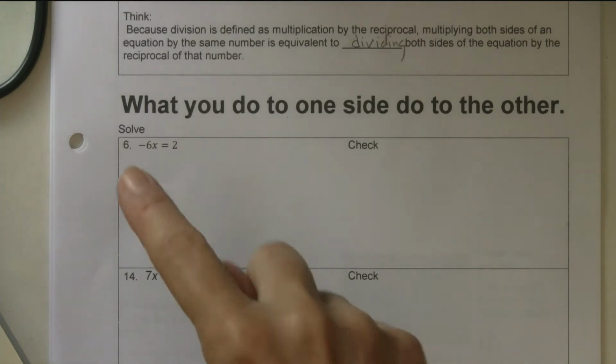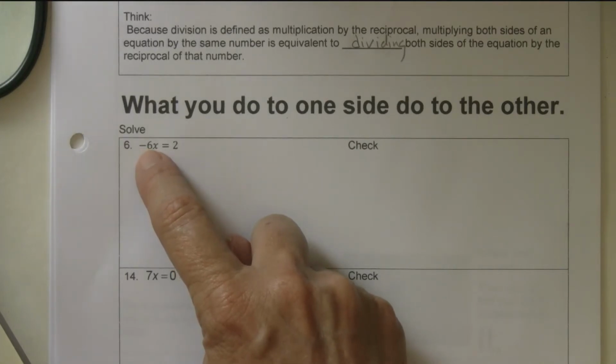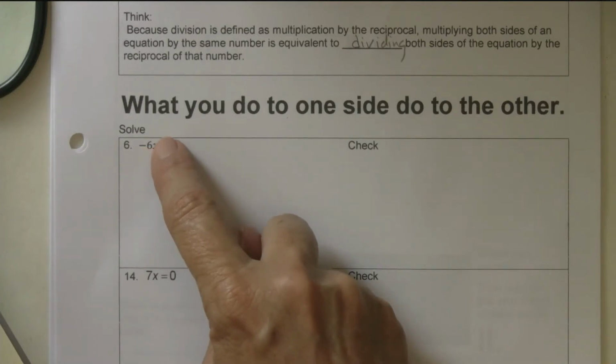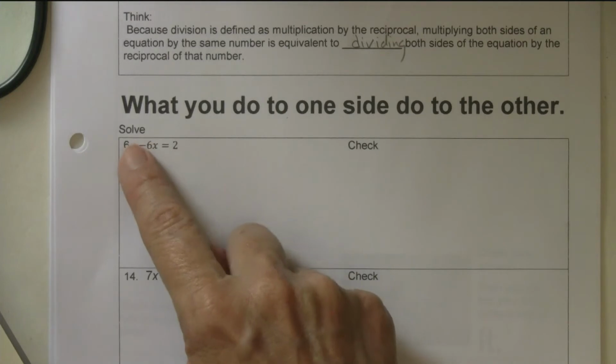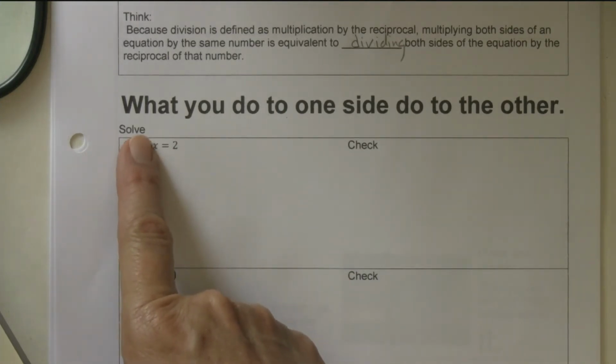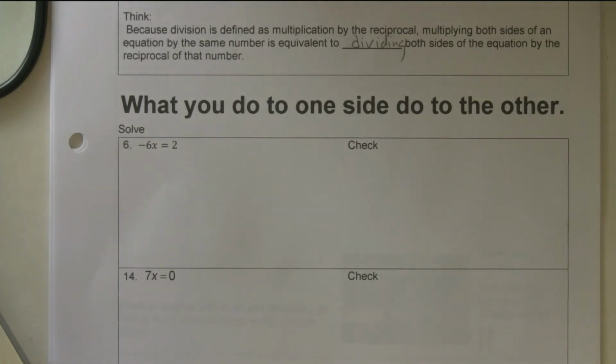And it wouldn't help to add 6 to that to get it away from the x, because it's not x take away 6. What it is, it's negative 6 times x. This is multiply. Negative 6 multiplied by x. So if I want to get rid of the negative 6 so that I can leave x by itself, what I have to do is unmultiply it, which is divide.